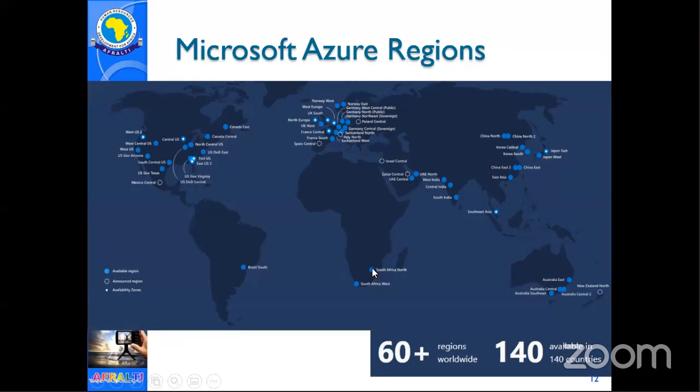But within South Africa North itself, there are what are known as availability zones. Remember I said high availability is the responsibility of the cloud provider. Within South Africa North, in Johannesburg itself, Microsoft does not have 1 data center. They have like 3 data centers, a minimum of 2.